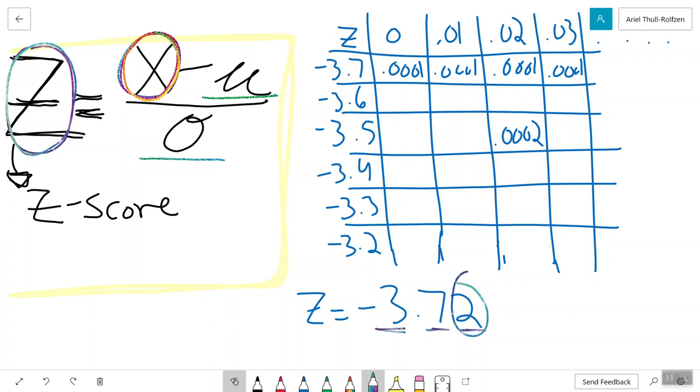This last digit can be a 0, a 1, a 2, it can go on and on. The table is able to accommodate that, but we have to have 3 digits. So now we solve for the z-value, and this is hypothetical, we haven't done any math yet, and our z-score was negative 3.72. All of these values here partner up with these values here to make z-scores.